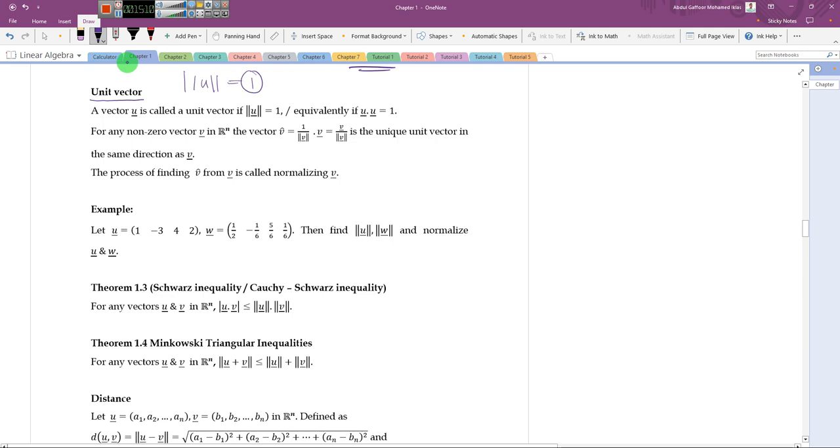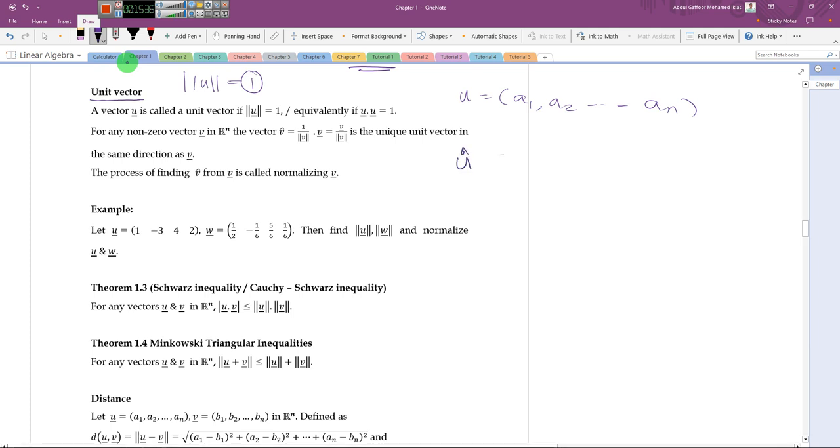So how we are going to obtain the unit vector is just dividing the components of the vector by its norm, right? So first we have to find out the norm of u, and let's say u is equal to a1, a2 all the way to an. Now each element of vector u should be divided by its norm.